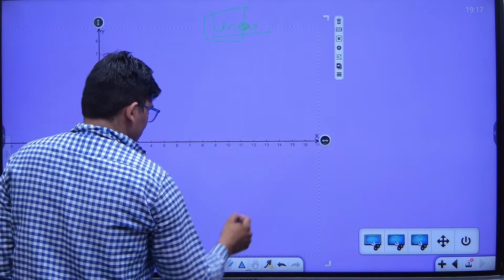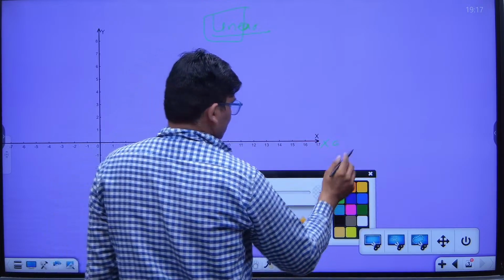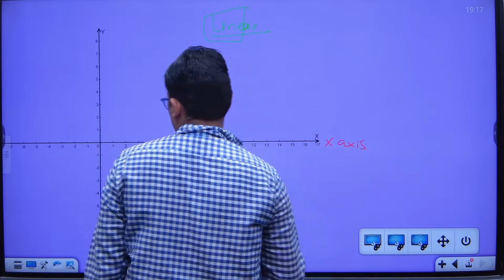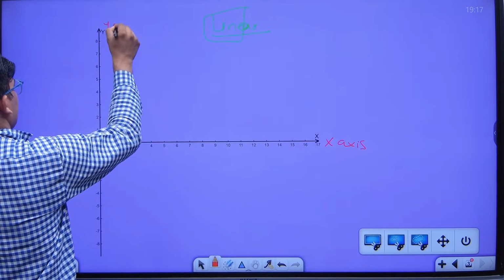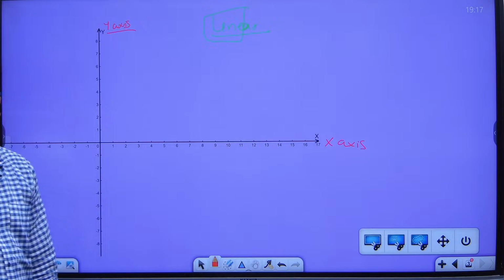One axis is known as x-axis. This axis is known as y-axis.